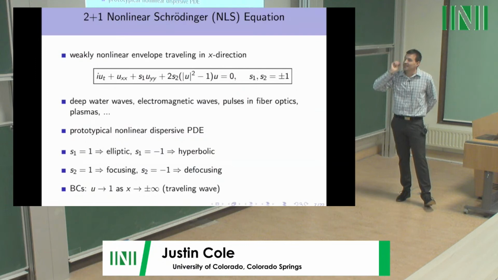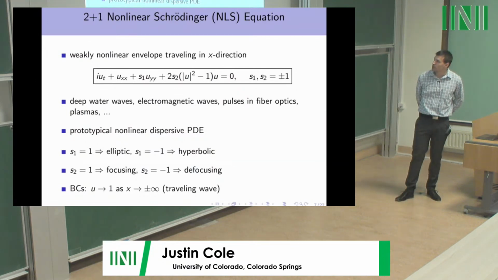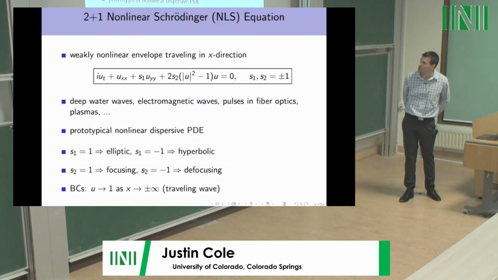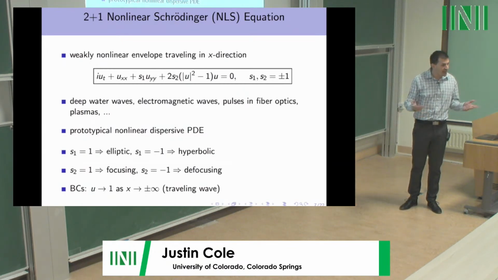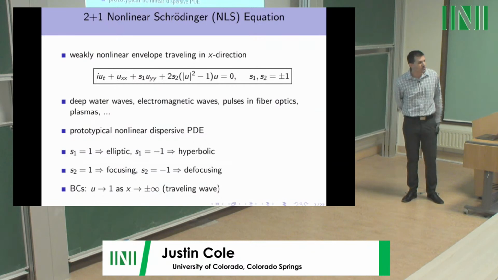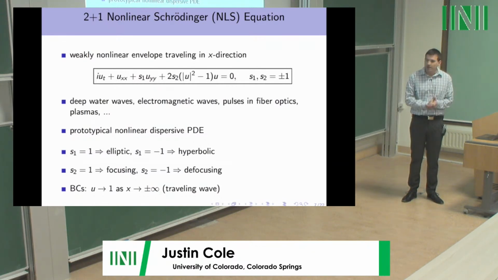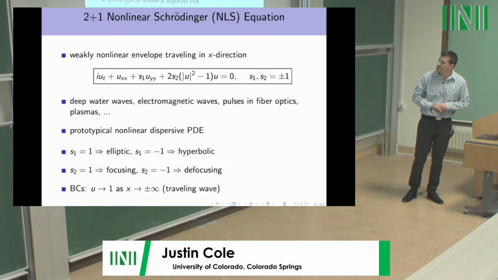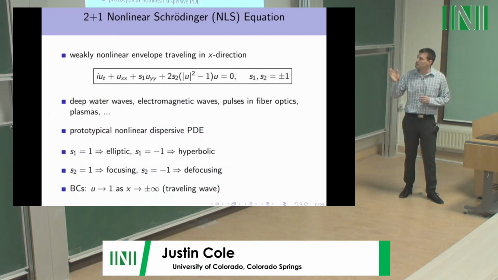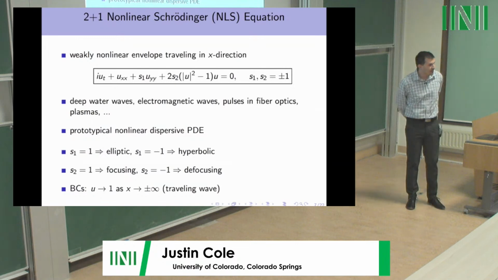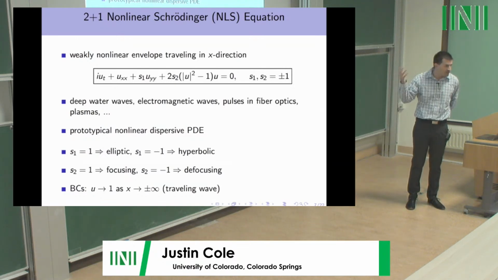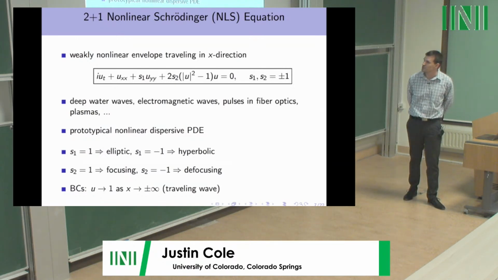This is it in its non-dimensionalized form with some coefficients depending on the physical parameters. So this is a prototypical nonlinear dispersive PDE. Many in this room have experience with this, whether it be water waves, electromagnetic waves, fiber optics, plasma, this goes on. So it's, I think, a fitting equation to study in this sort of a workshop on physical applications.